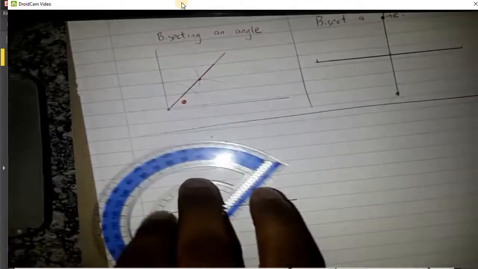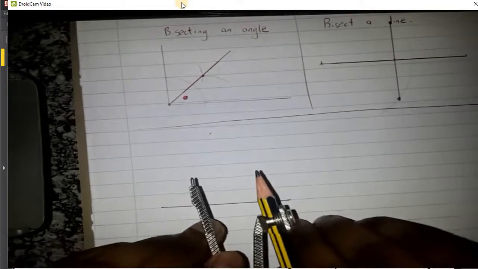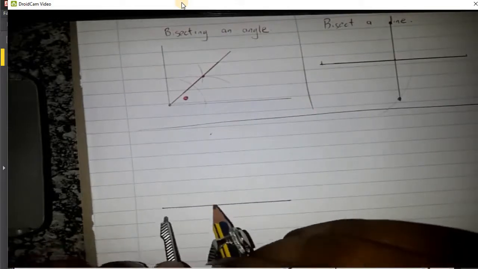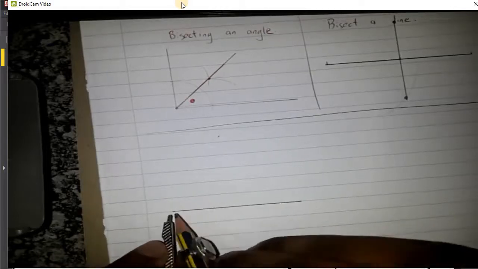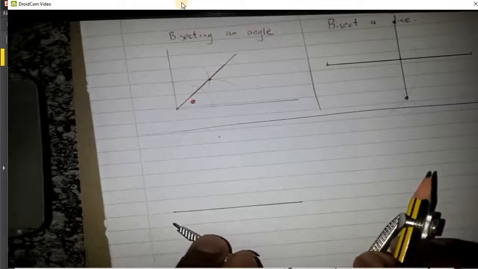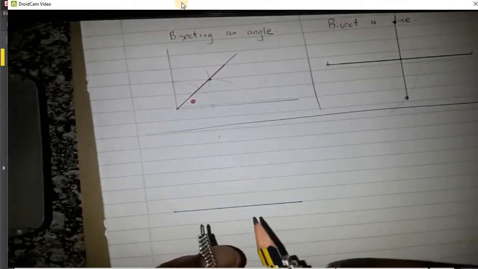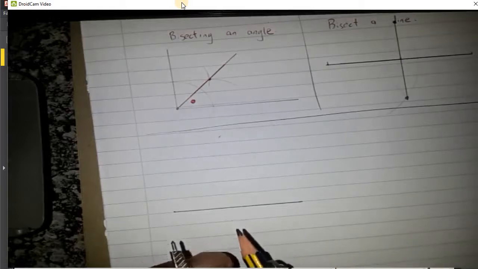However, in geometric constructions, we're not going to be really using that protractor. You open your compass to any suitable radius. Once again, suitable radius is something that's comfortable to work with. If it's too small like this, you can't work with it. If it's too big like that, you're going to go out of your page and it's also a bit hard to work with. So you open something that's suitable, something that's even in your notes it says about 2 centimeters is suitable.